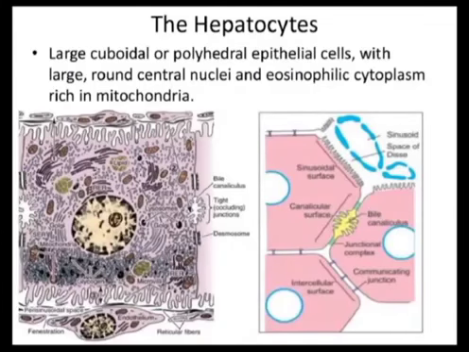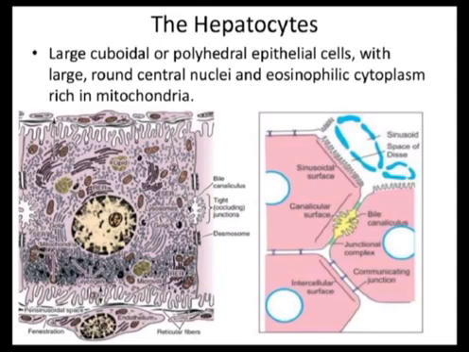Let's talk about the liver cells, that is the hepatocytes. It is a large cuboidal or polyhedral epithelial cell with a large round central nucleus, and there is an eosinophilic cytoplasm which is very rich in mitochondria.